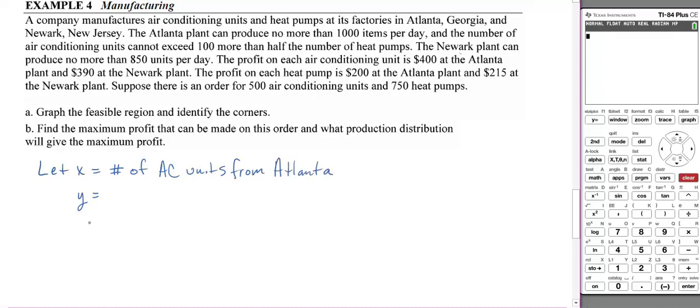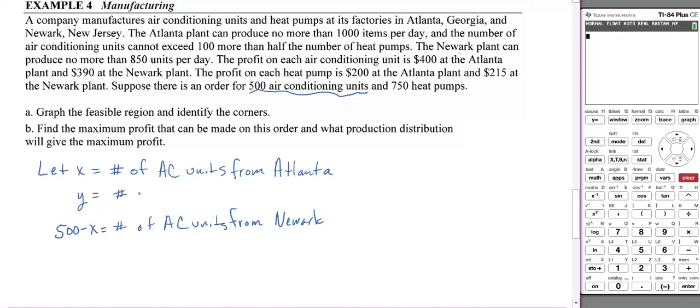And we know that if we have this order of 500 air conditioning units, then the number of AC units that are going to come from the Newark plant is going to be 500 minus however many the Atlanta plant is taking care of.